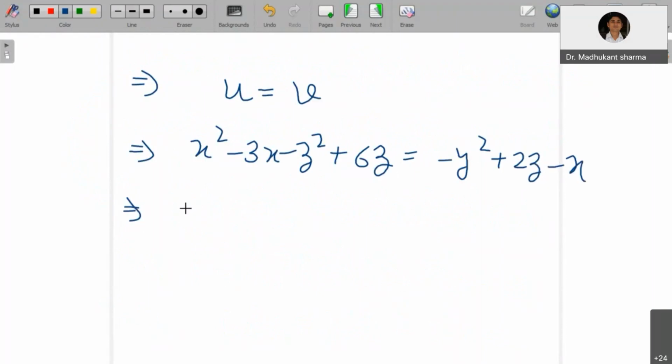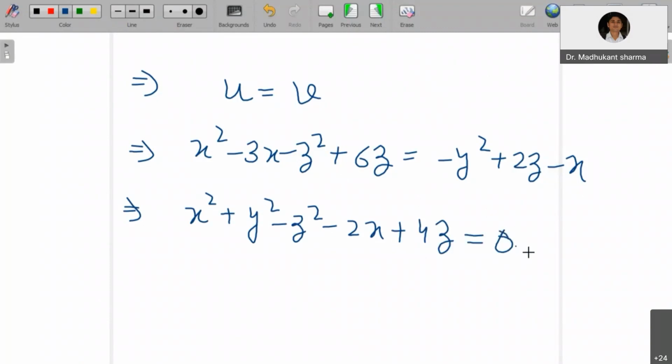This implies we have x square plus y square, minus 3x plus x is minus 2x, plus 4z is equal to 0. So this is the integral surface which will pass through the given initial curve, that is the unit circle.